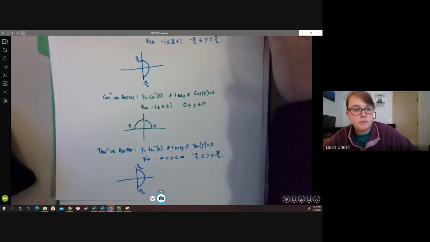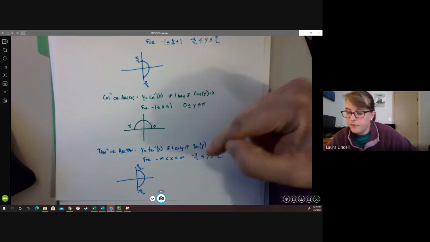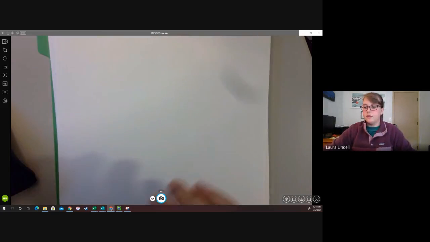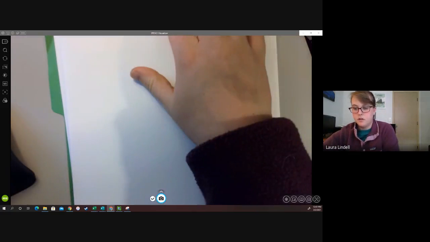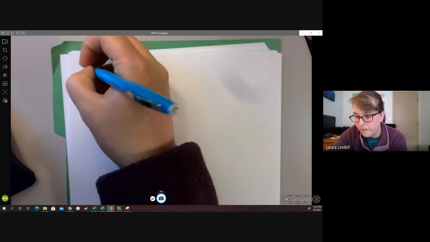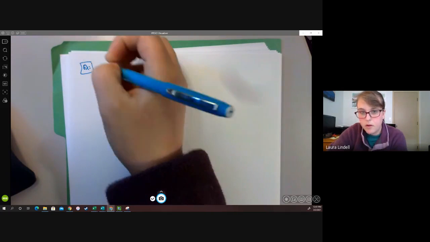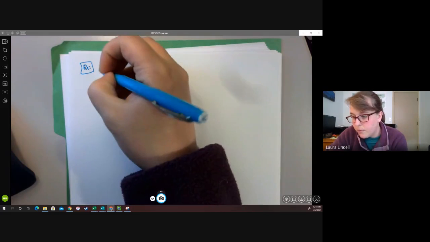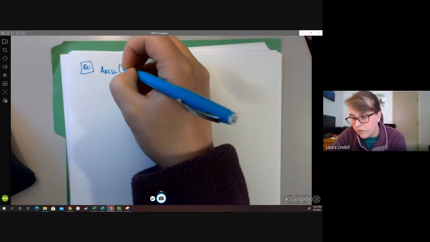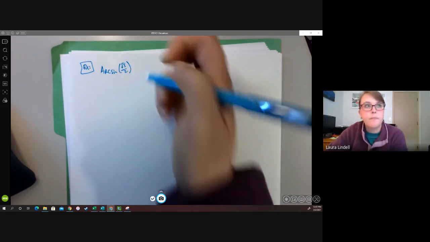Alrighty, so let's do some examples that involve these three functions. So, for example, we could be asked to find the arcsine of root 3 over 2.